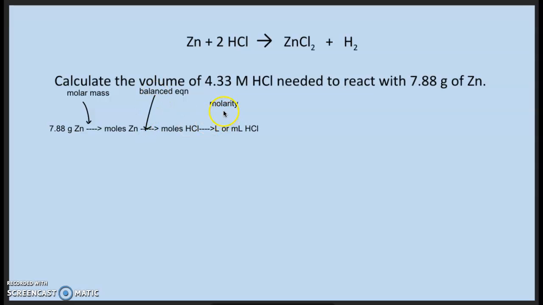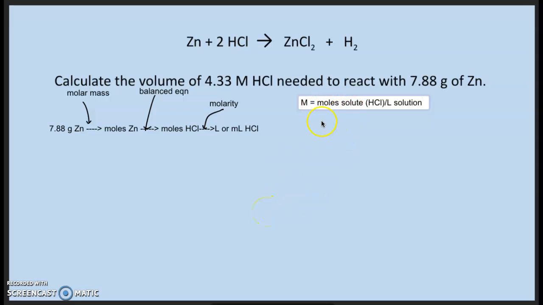And as I showed you in the previous video, these can all be done using dimensional analysis techniques, even the molarity, because if we understand our definition of molarity, molarity is equal to moles of solute, which in this case would be hydrochloric acid, divided by liters of solution. Well, right there you have a definition.